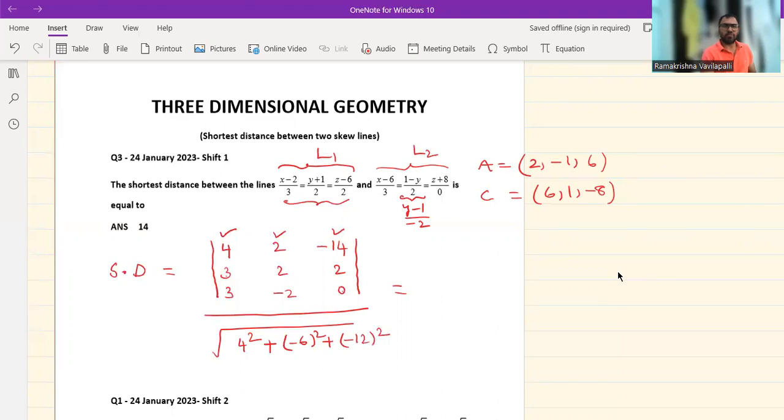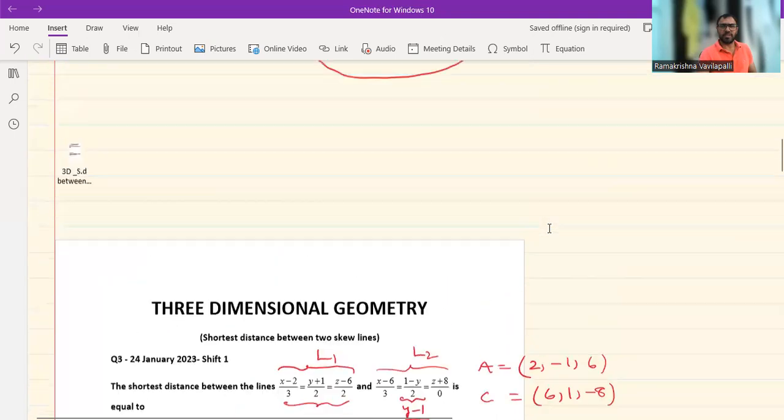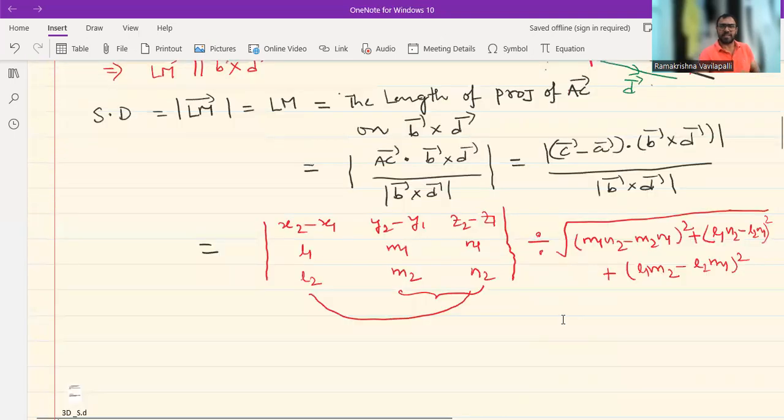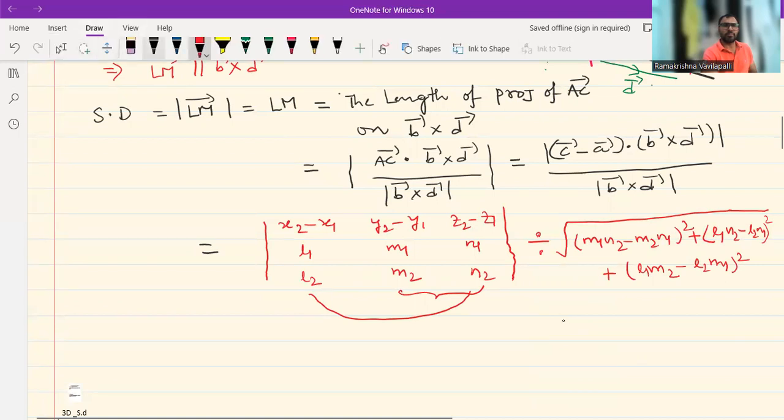So finally, 4 into, of course, you have to take the modulus. Here in this example also, you need to take the modulus because shortest distance cannot be negative.